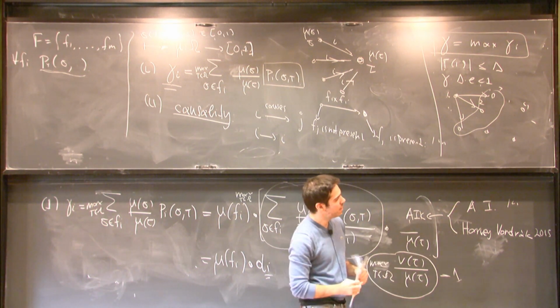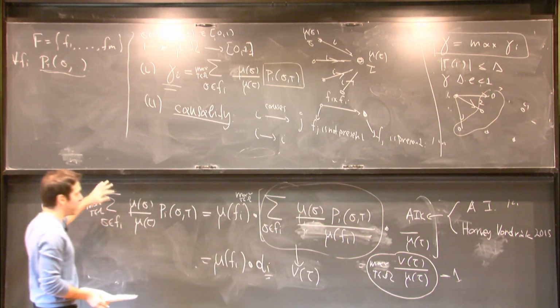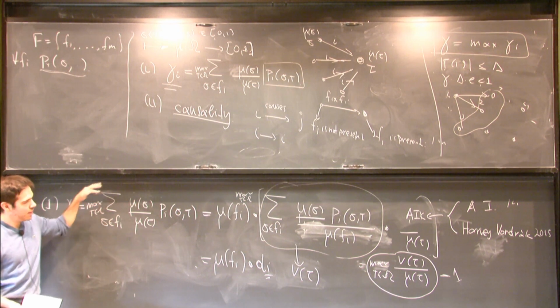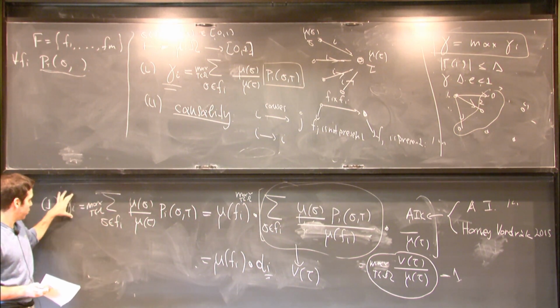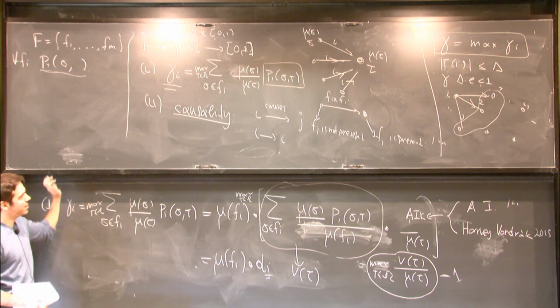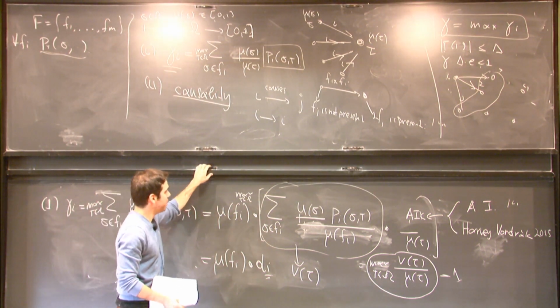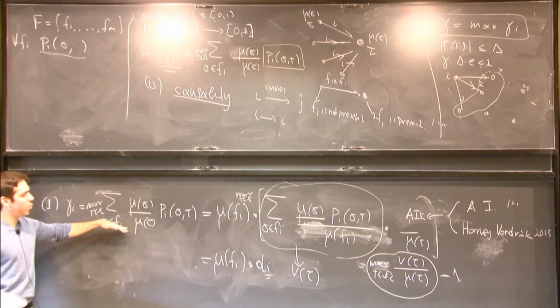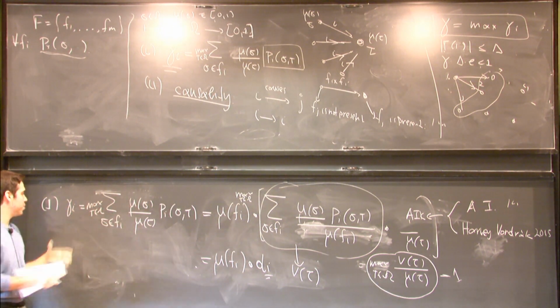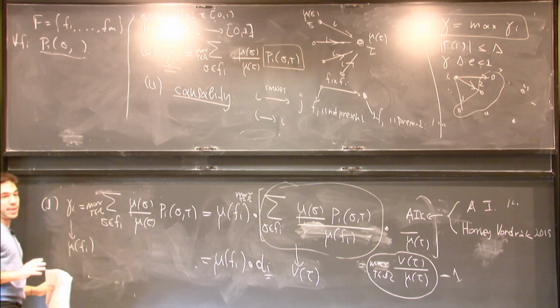One way to interpret this thing is as a measure of compatibility between the measure and the actions of the algorithm. And here's an example. I'm claiming that there is always a trivial way to make this p equal to mu phi.